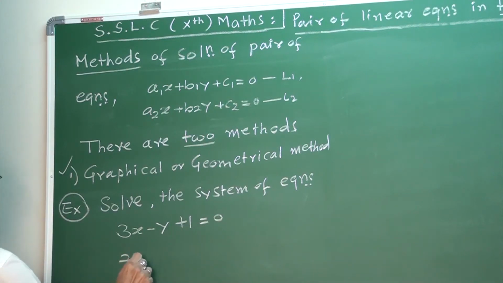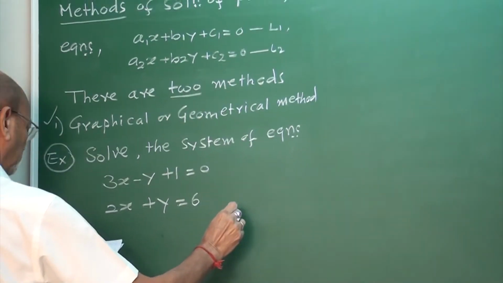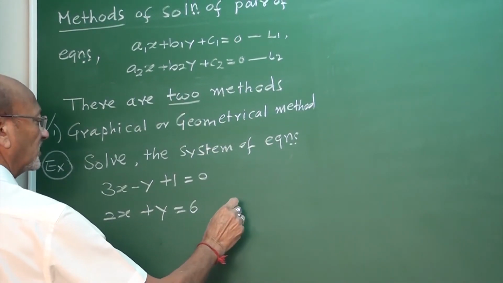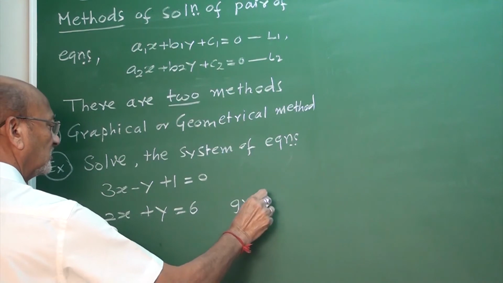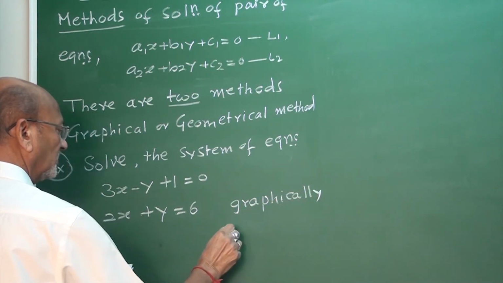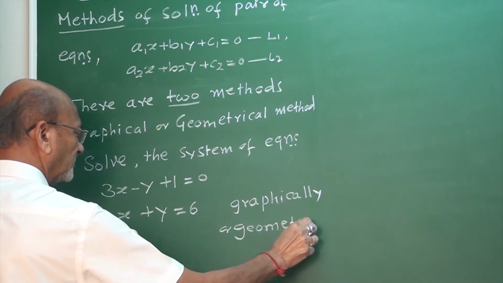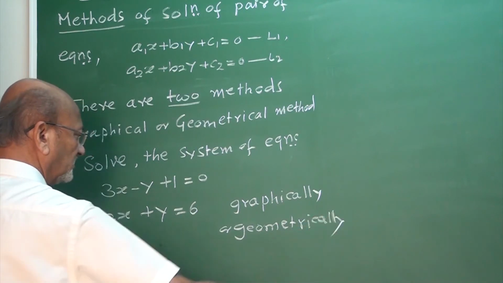The second equation is 2x plus y equal to 6. They mention either graphically or geometrically.